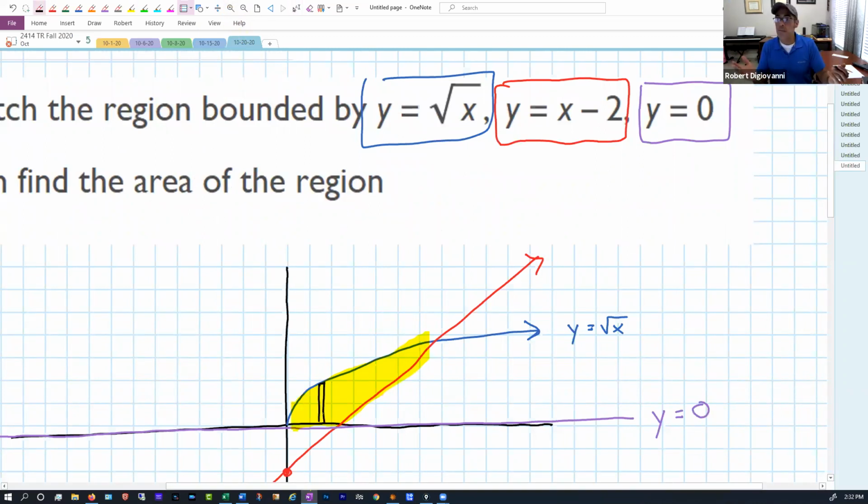And there's an infinite number of them in here, aren't there? What is the difference between that rectangle and the rectangle over here? The height. Okay, the heights are different, but in terms of the formula for its height, what's different about the two?